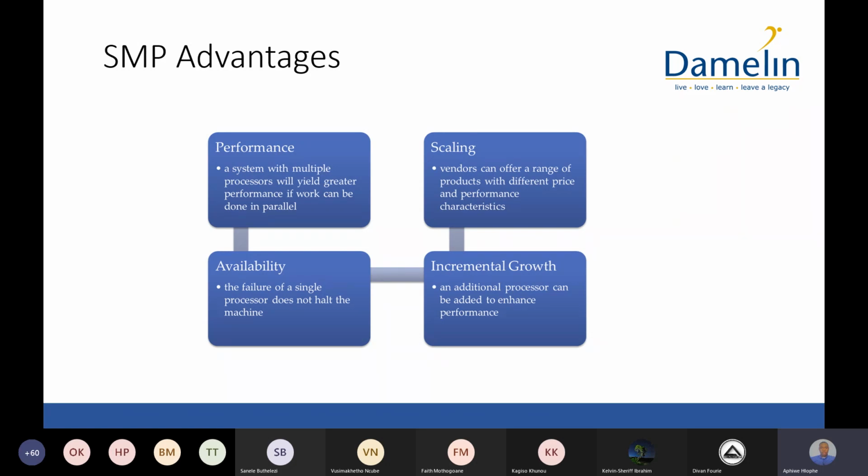It can do this parallel execution of instructions to a greater extent than a single processor with multiple cores. And in terms of scaling, vendors can offer a range of products with different price and performance characteristics. Availability: the failure of a single processor does not halt the machine.